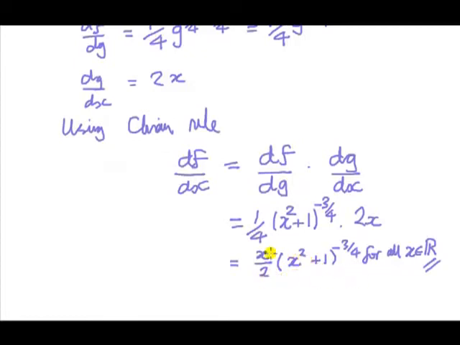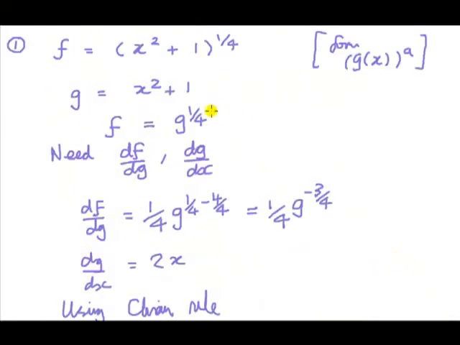We have to state for the values of x for which it exists, and here it exists for all x in the real line, i.e. all numbers including fractional numbers. How do we know that? Well, recall we look in here, and we can see that this function exists for all x on the real line.